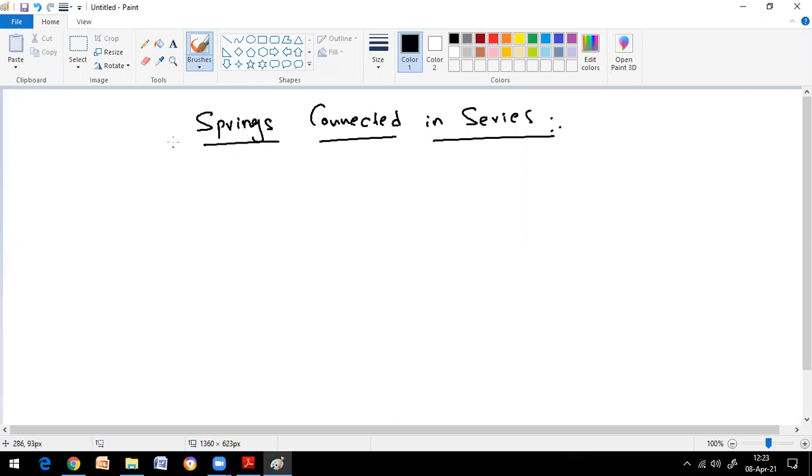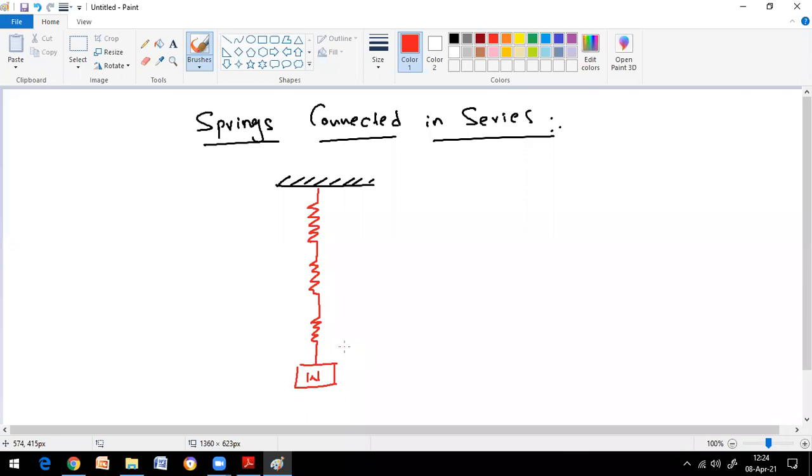Let me draw this first one, springs which are connected in series. You can take multiple springs: first spring, second one, and third one. There are three springs subjected to load W. This figure shows three springs connected in series.